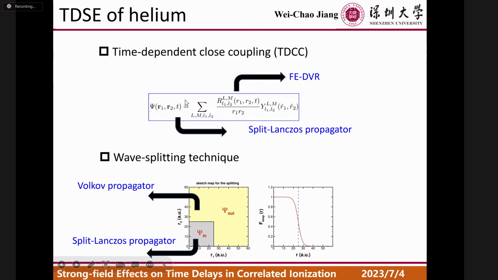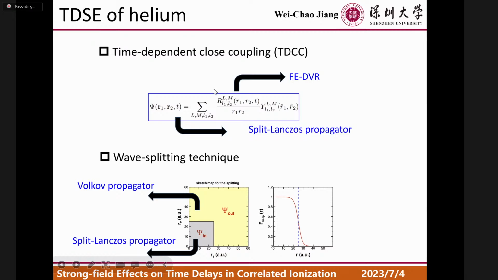For the time propagator, we use the split Lanczos propagator to propagate the two-electron wave function. As we know in theoretical calculations, when the pulse is long, usually the two electrons will go very far from the core. We need a large box to describe the wave function. This is very challenging, so we use a very popular method, the wave splitting technique.